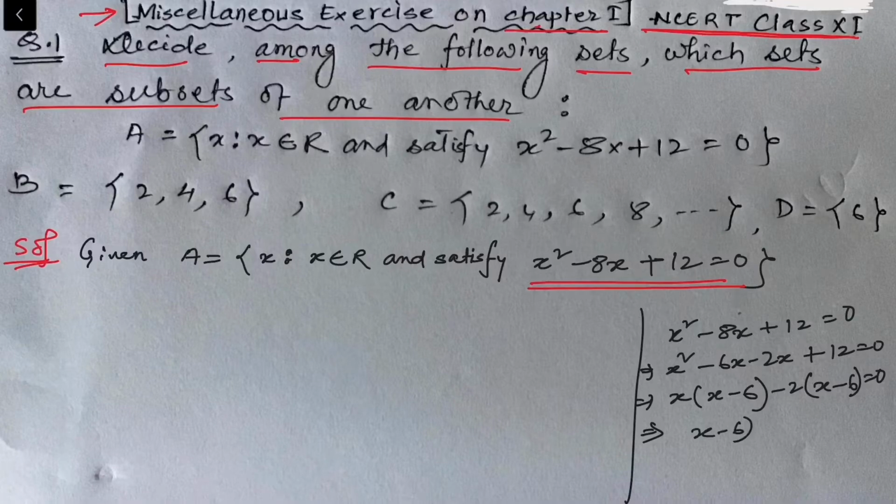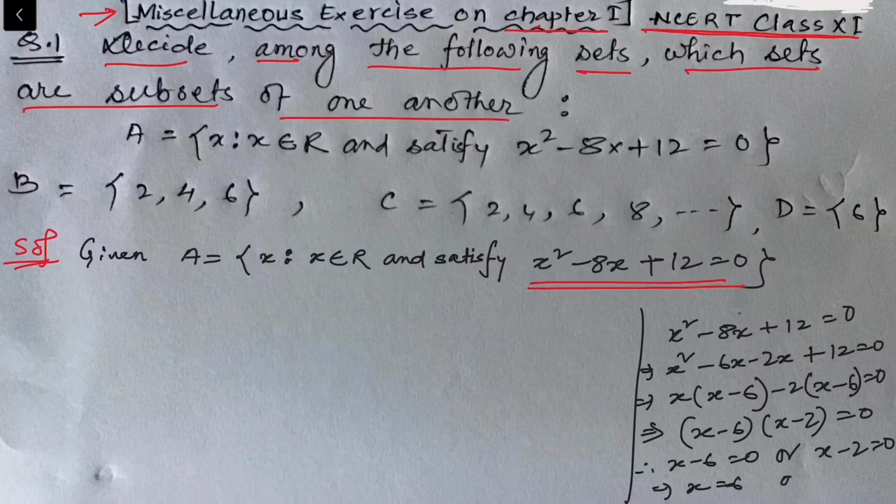X minus 6, so X minus 2 is equal to 0. Therefore X minus 6 must be equal to 0 or X minus 2 equal to 0. So which implies X is equal to 6 or X is equal to 2. That means this set contains 2 and 6.